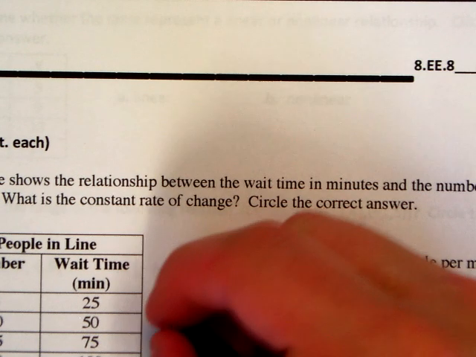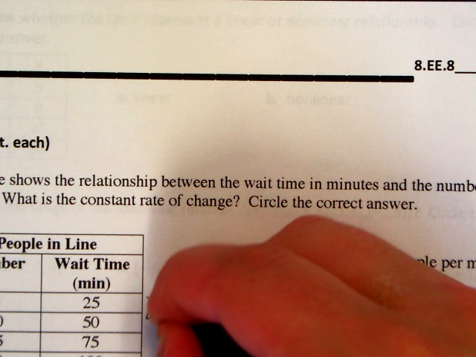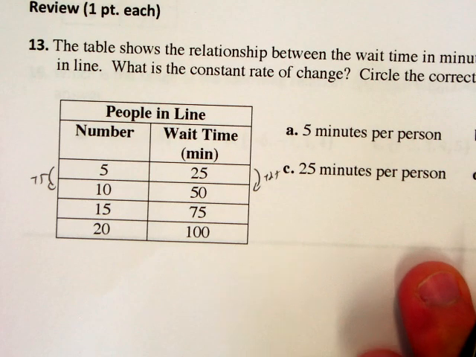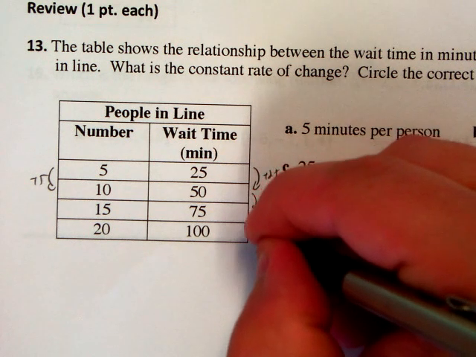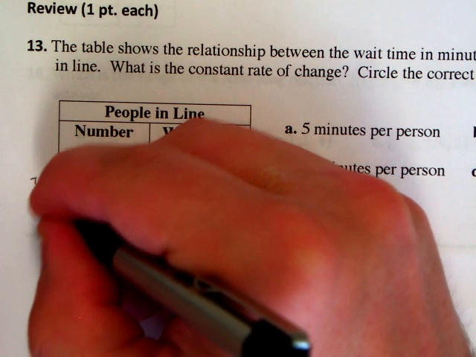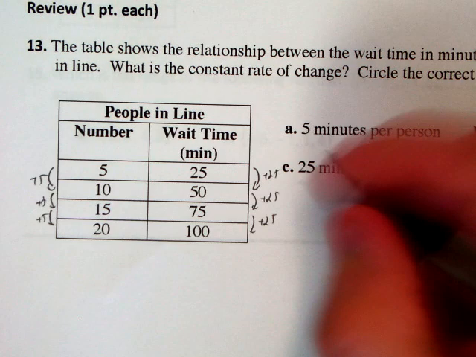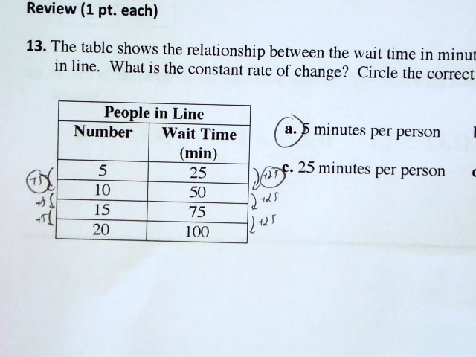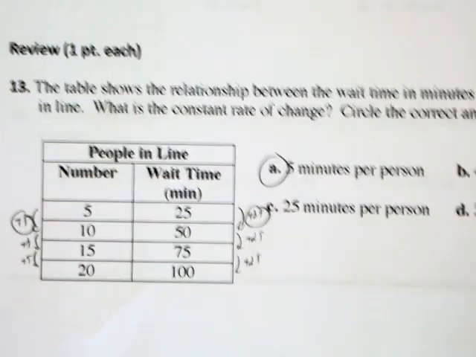Spiral review. It says, what is the constant rate of change? Constant rate of change tells me I add 25 as I increase by 5. This continues all the way down the table. Plus 25 and plus 25, plus 5 and plus 5. So I do this 25 divided by 5, which means it's 5 minutes per person.